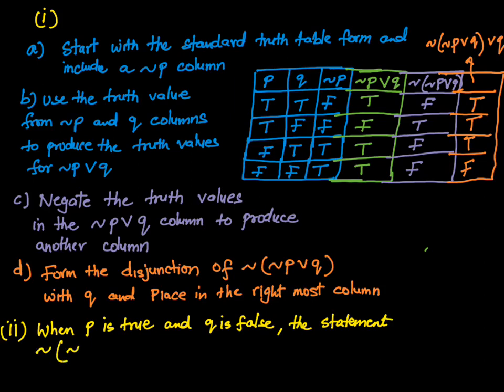The answer is going to be true. We see that, right? If the first column is true and the second column is false, then the last column is also true. So it's all about truth value in this section.